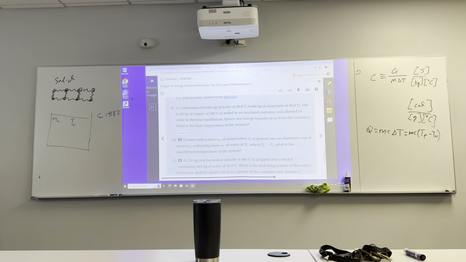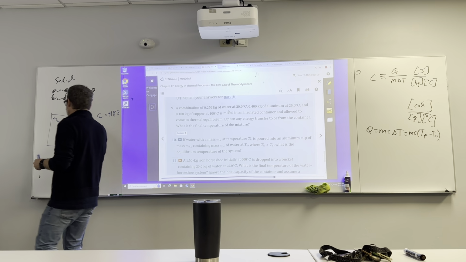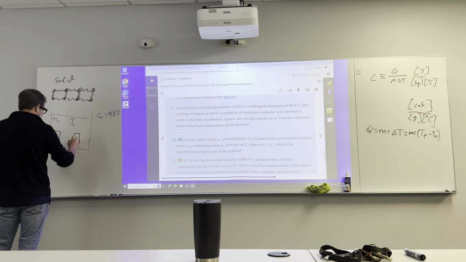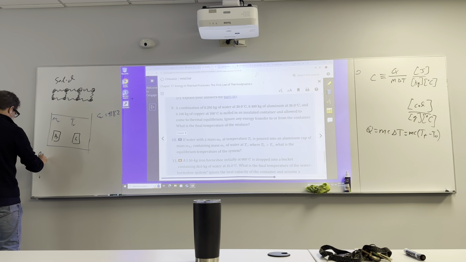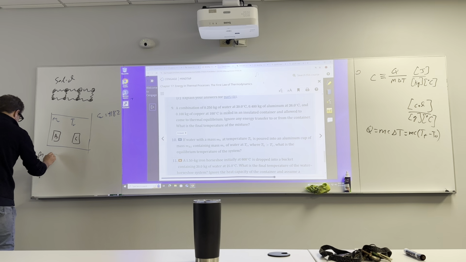Here's our problem. 400 grams of aluminum, or 0.4 kilograms of aluminum, 0.1 kilograms of copper. So there's water, here's aluminum, here's copper. Mass of aluminum is 0.4 kilograms.